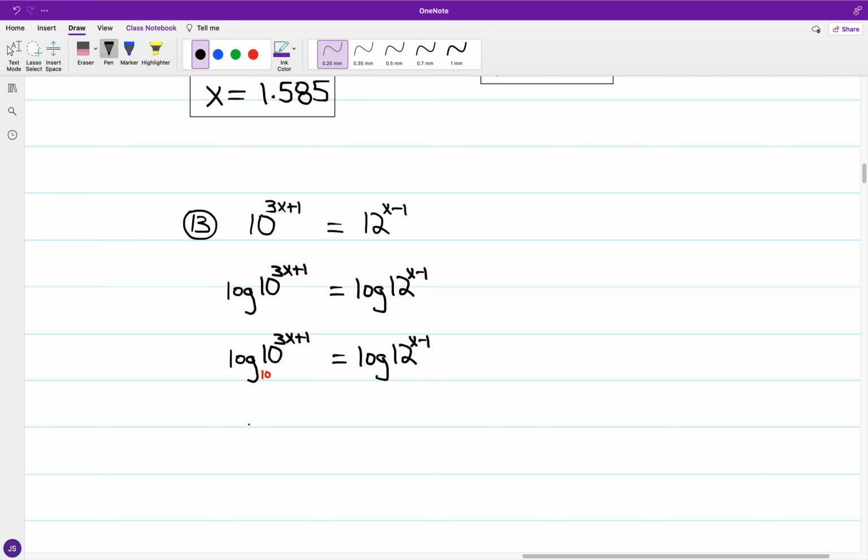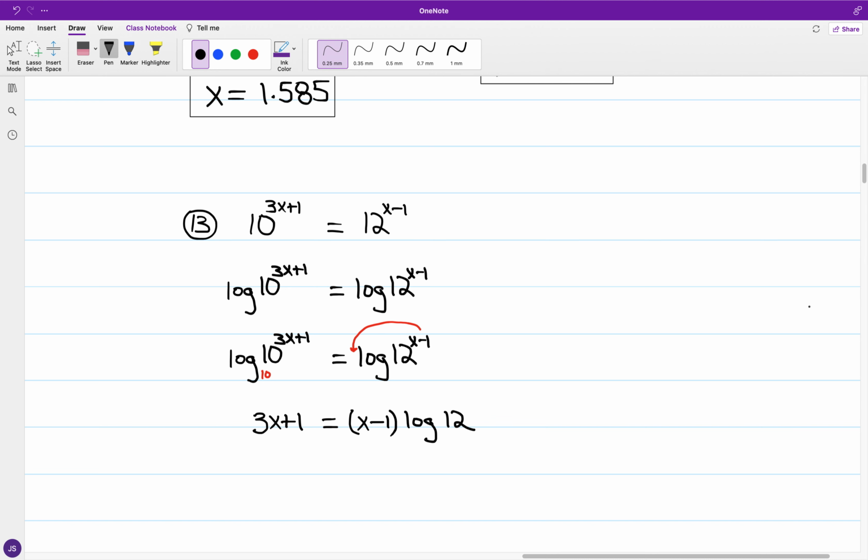And so with this match, we can say that the left-hand side will be 3x plus 1. Now for the right, we don't have a match between the base 10 logarithm and the exponential base 12, but we can still work with the x minus 1 by distributing, where both x and -1 will be multiplying the base 10 logarithm of 12.